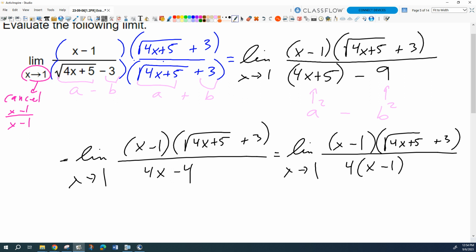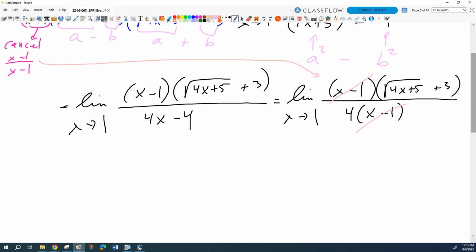Okay, that's better. What happens? Yeah, exactly what we predicted, right? The x minus 1's cancel. We remove the indeterminacy, and now we can just evaluate our limit.